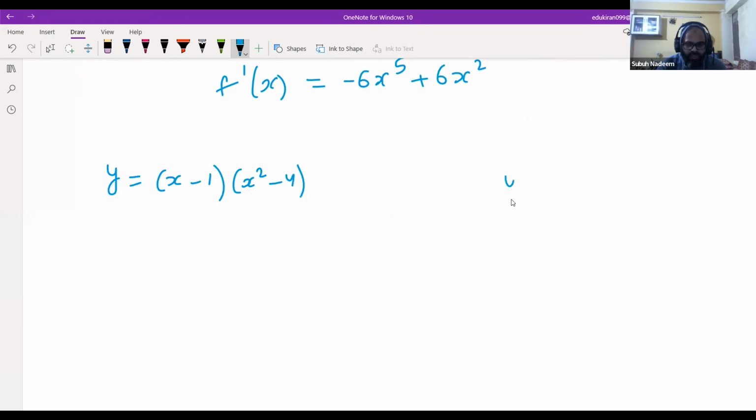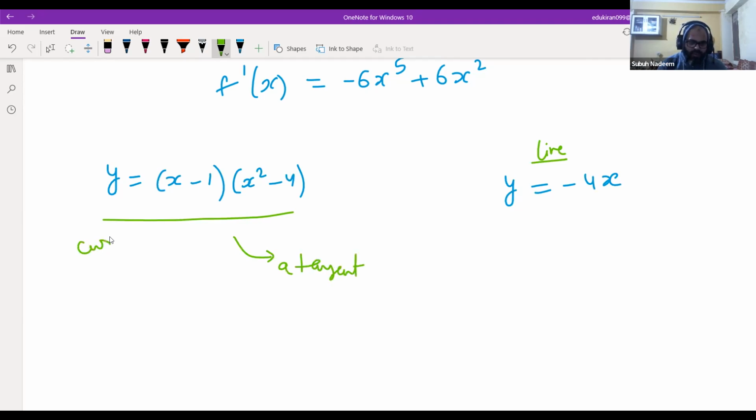So tangent is parallel to y is equal to minus 4x. So this is a line and a tangent to this curve. This is the curve. If you draw a tangent, that tangent will be parallel to this line.